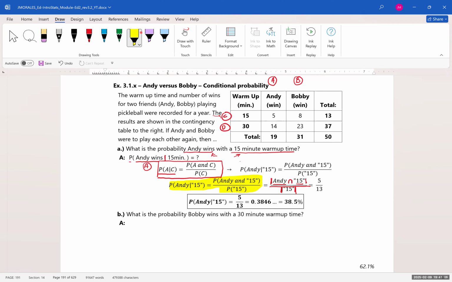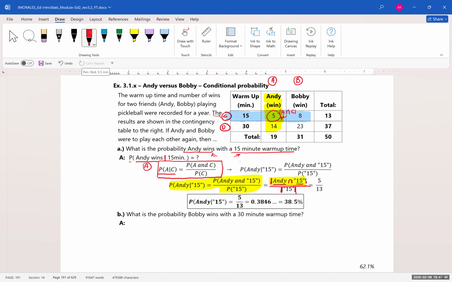So let's look above to see where we'd have an intersection between event A and event C. Well, event A is everything here in this column, and event C, the 15-minute warm-up, is everything across in this row. So where's the intersection between those two? It's right here. So this is A intersect C, right there.